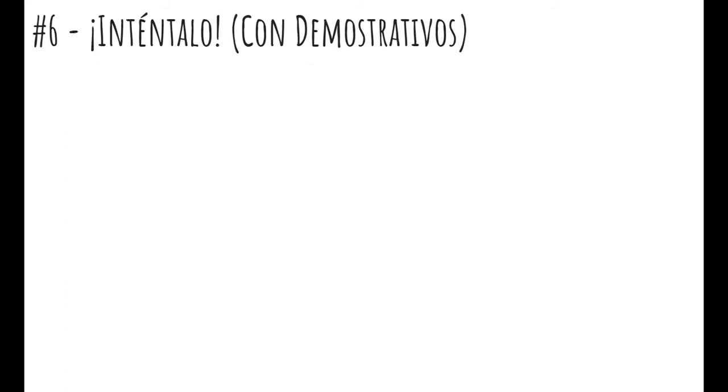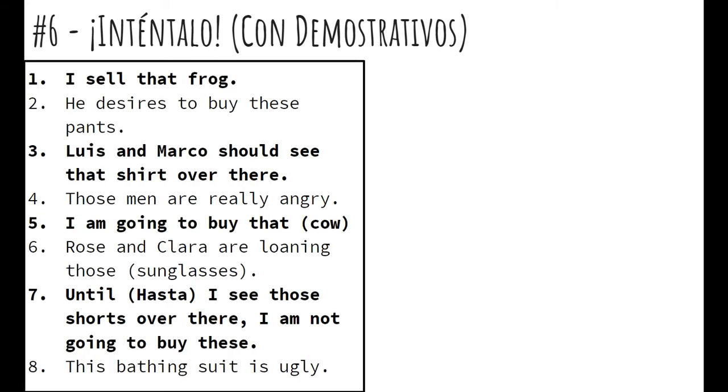All right, so we're going to do a few practice sentences here. Inténtelo means try it. So here are some sentences that I would like for you to try to translate. I sell that frog. He desires to buy these pants. Luis and Marco should see that shirt over there. Those men are really angry. I'm going to buy that, referencing a cow. Rose and Clara are loaning those, referencing sunglasses.